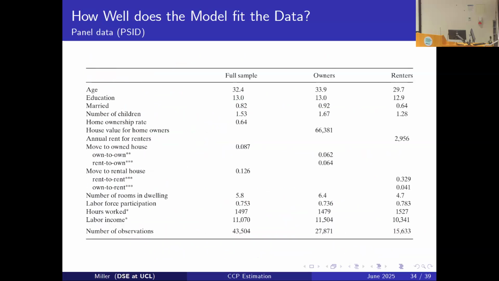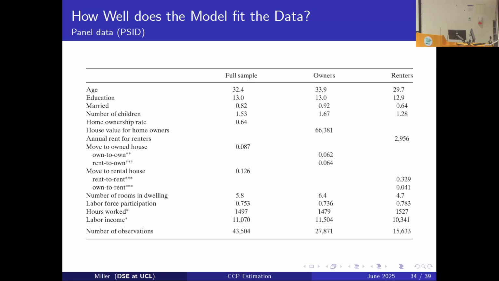Okay, so rolling on. How well does this model fit the data? Just to very quickly point out that the owners are slightly older than the renters, education slightly more, here's the number of kids, more, here's the ownership rate, labour force participation rate is lower for owners versus renters, as are hours worked, but on the other hand, the labour income is higher.